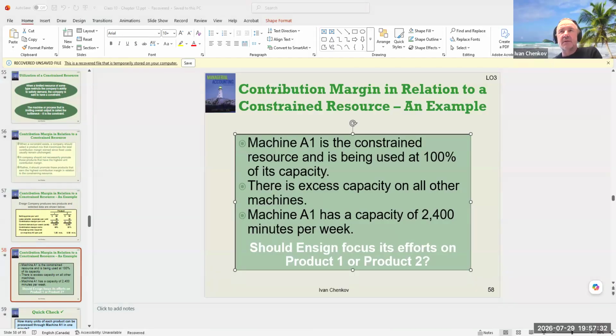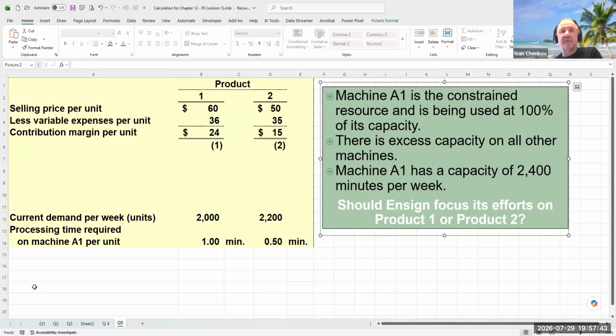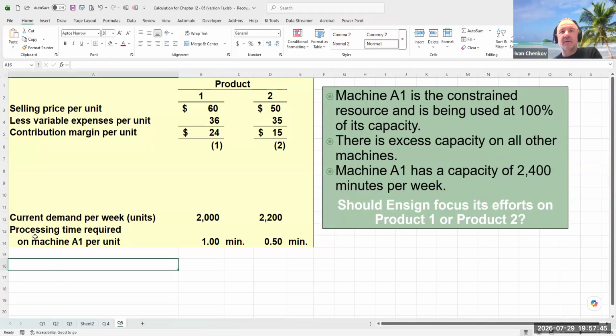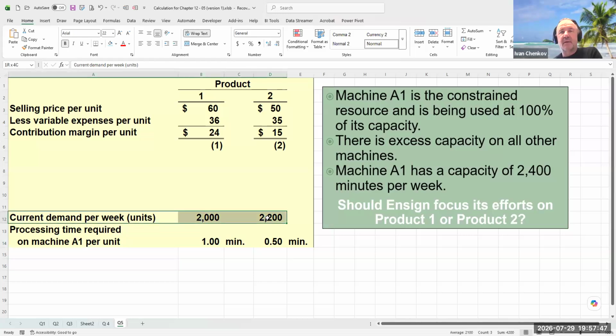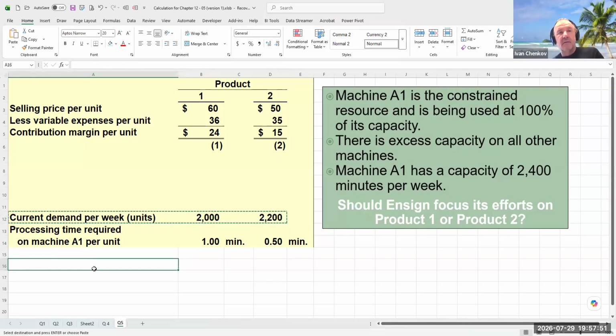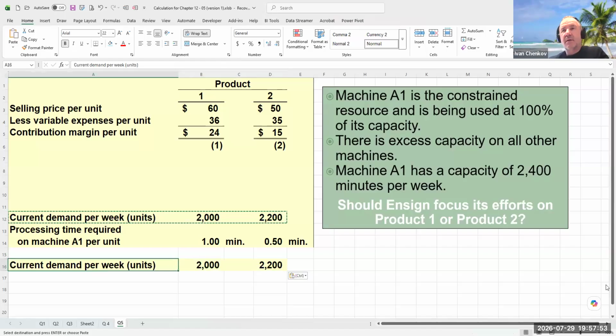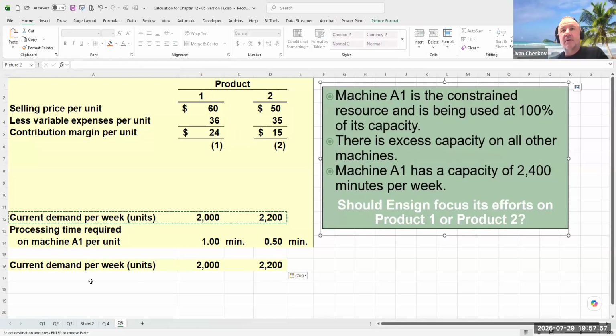The question that we should ask ourselves, once we go back to the Excel spreadsheet, is: with the capacity available on this machine, that will be the capacity of machine A1.